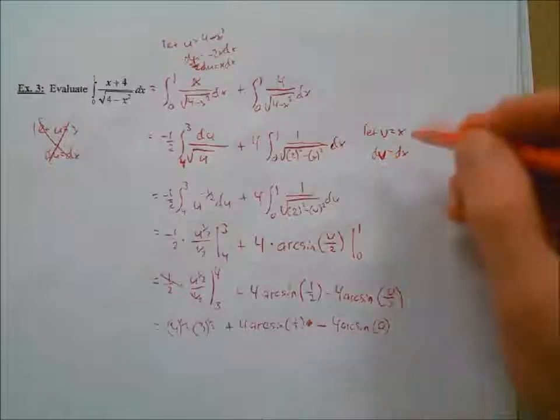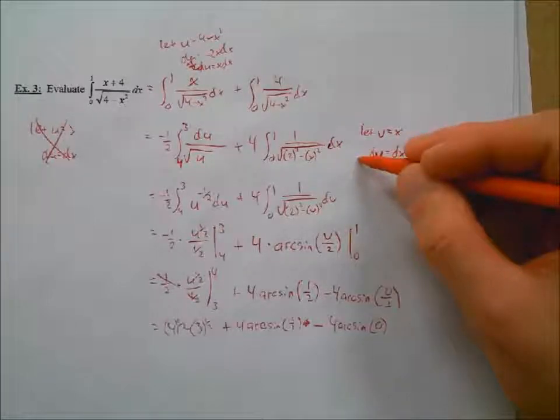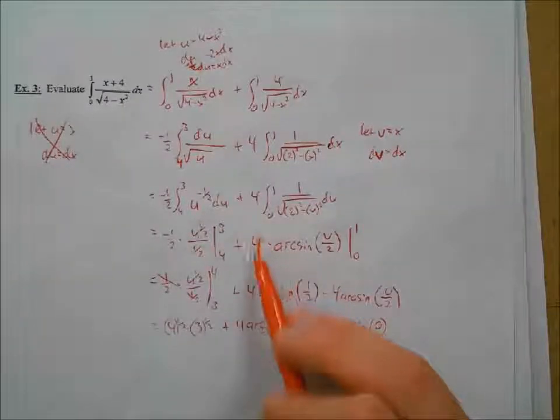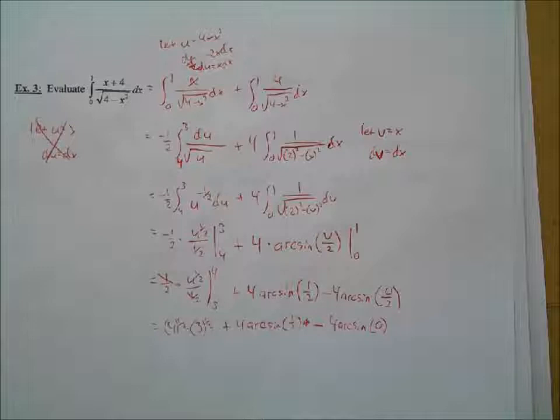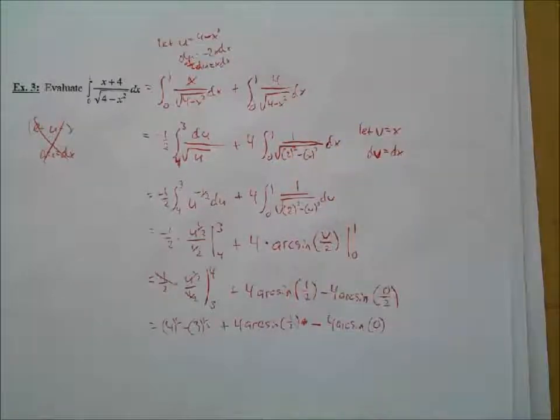If it was 2x here, you'd have 2 dx, so you'd have a 1/2 dv, and this would not be a 4, it would be a 2, 4 times 1/2. And if you use that method where you change limits, yes, you would need to change the limits, because if it's 2x, then the limits of integration would change. Good question. Absolutely.